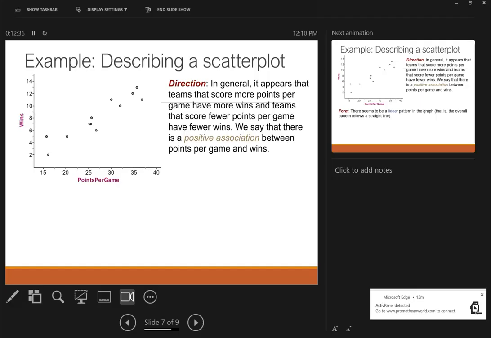Probably strong or moderately strong because it's relatively close. The points look like a distinct shape. And the form would be linear. Looks like a straight line to me. Everybody kind of agree? And I don't really see any outliers there. Everything is fairly grouped where I would think it would be.